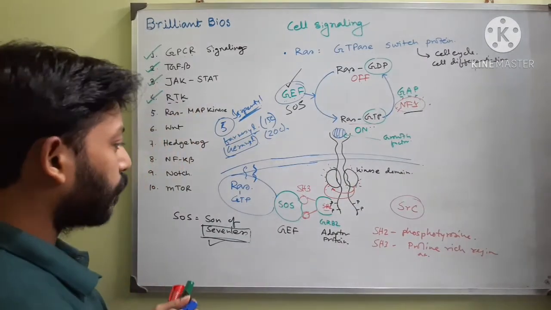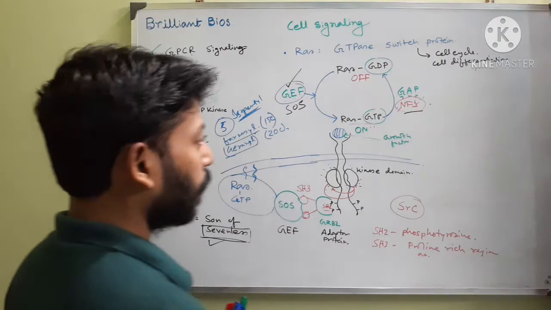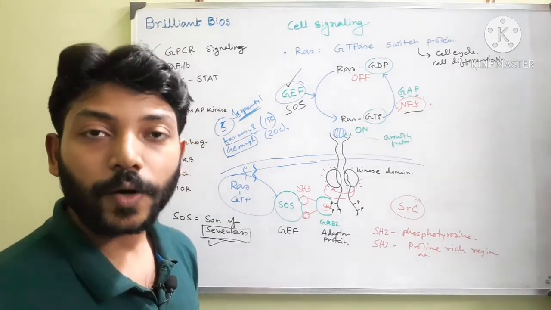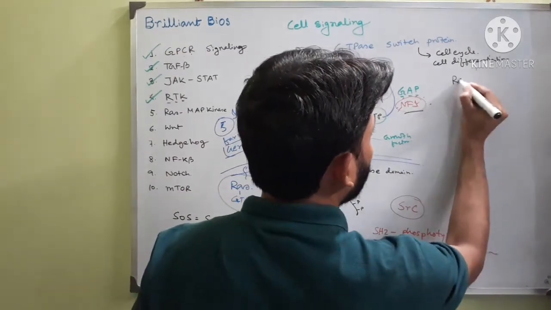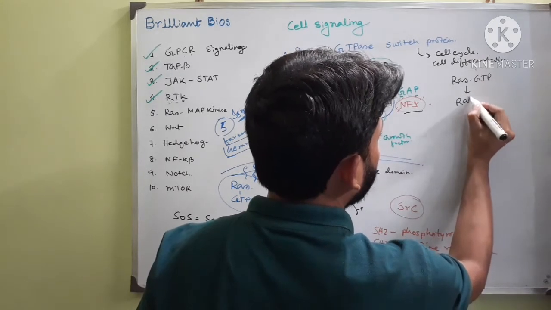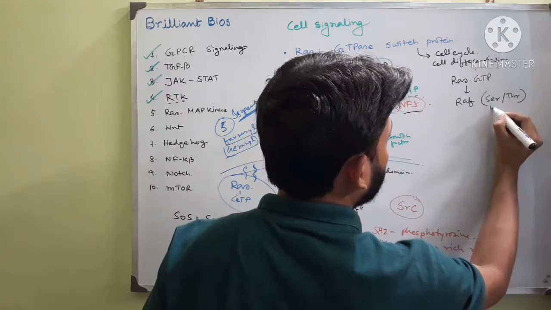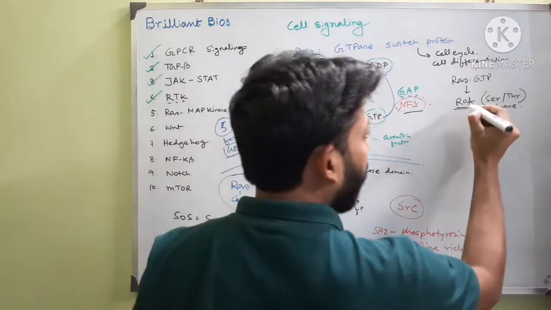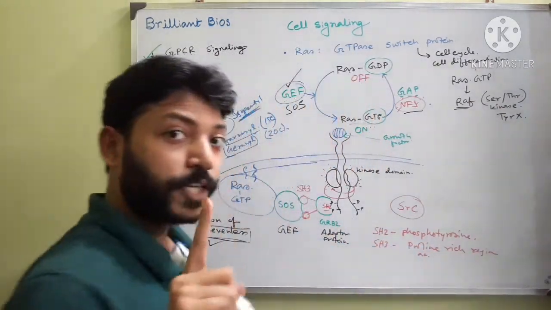Now how does this Ras protein activate the Ras MAP kinase pathway? This is important. Ras protein can activate a chain of kinases. Ras GTP activates RAF, a serine-threonine kinase enzyme. This RAF is an enzyme, but this RAF enzyme cannot phosphorylate tyrosine.